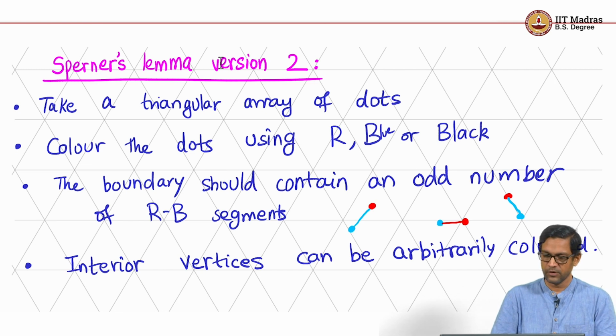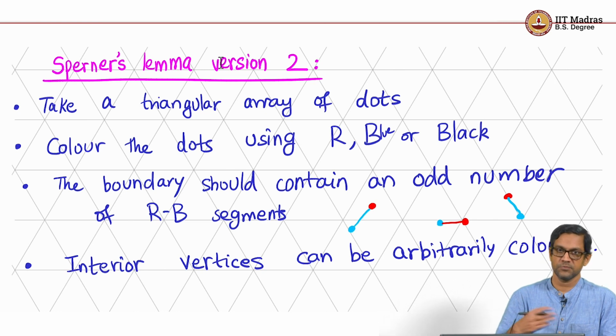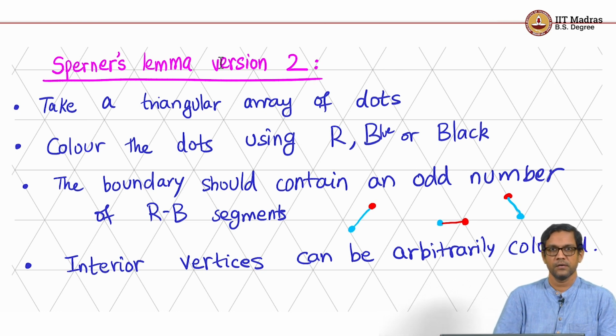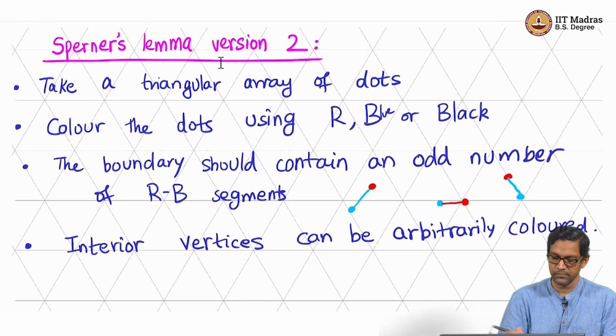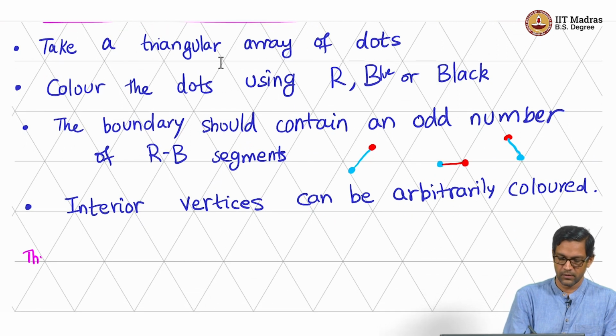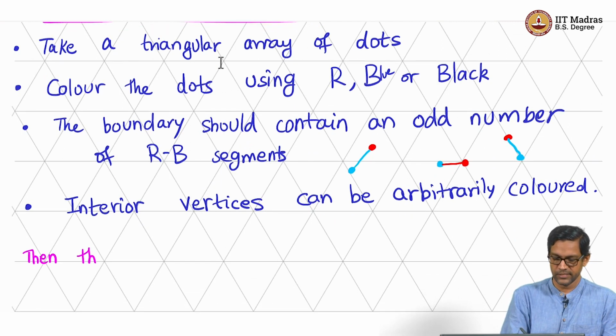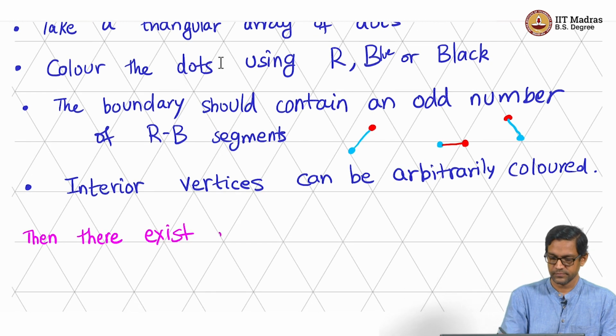So you need to have an odd number of red blue segments on the boundary, and then the interior vertices can just be arbitrarily colored. Okay. Now if you do this, then the conclusion of Sperner's lemma still holds. Okay, so then here is a theorem: there exists an odd number of multicolor triangles.